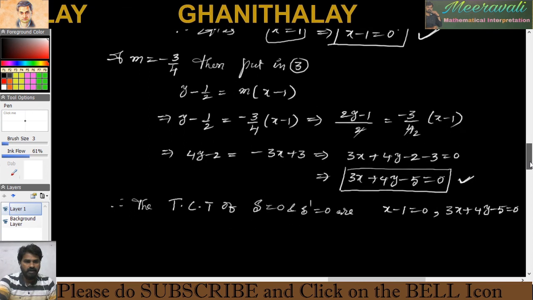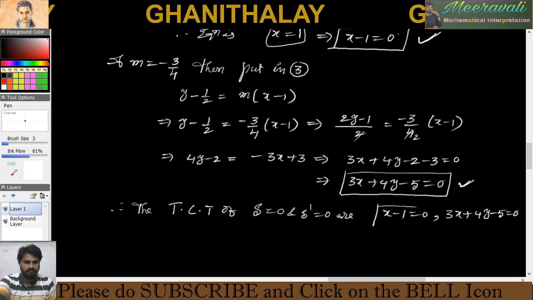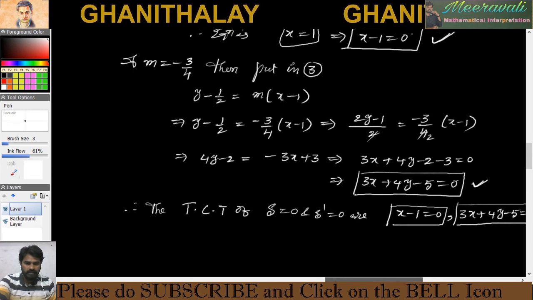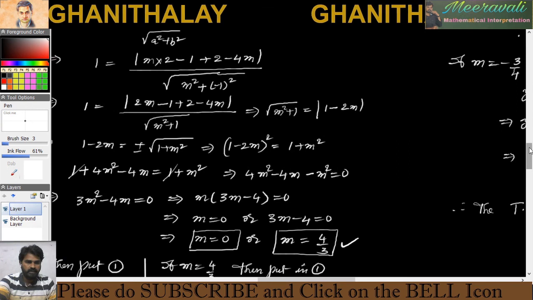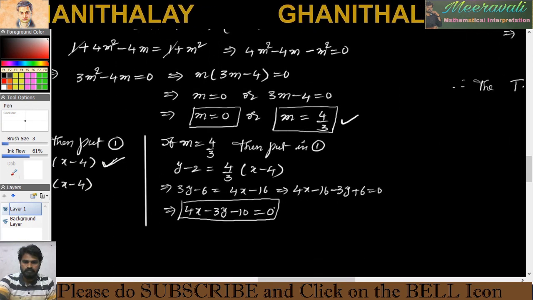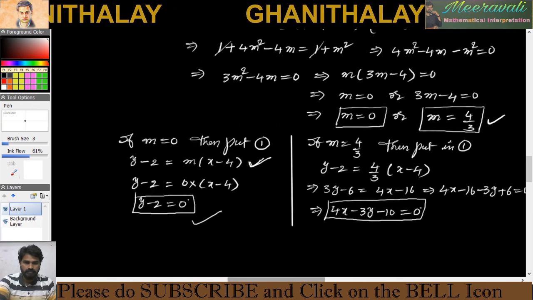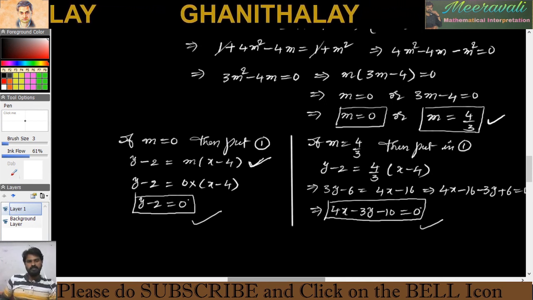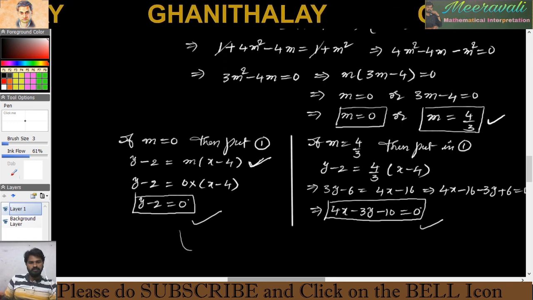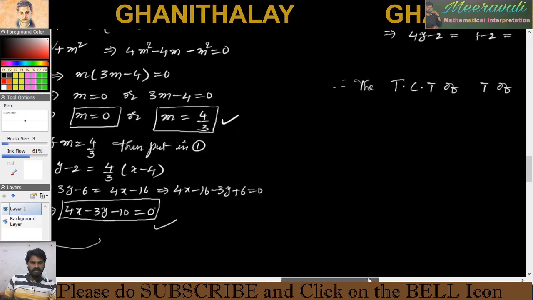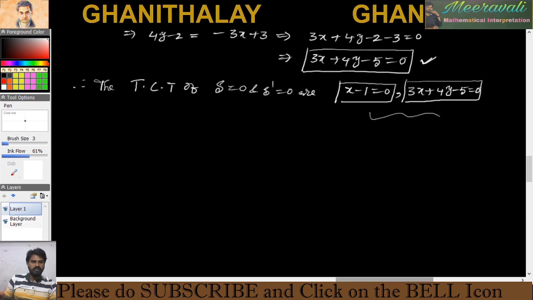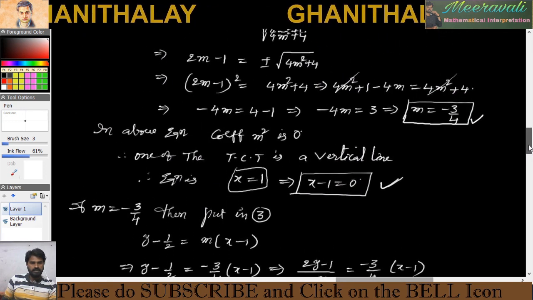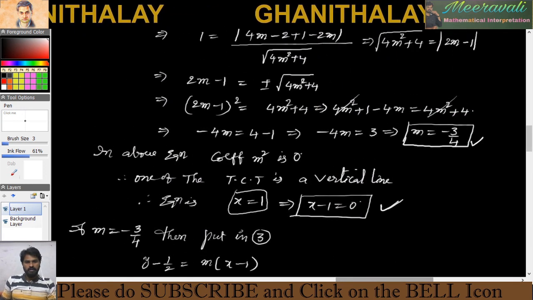So finally all common tangents are DCTs and TCTs. Already we found the DCTs here. This one and this one are the DCTs: y minus 2 is equal to 0 and 4x minus 3y minus 10 is equal to 0. They both are the direct common tangents, and these two are the transverse common tangents. They all are the common tangents of both circles. Okay, this is about all the common tangents.